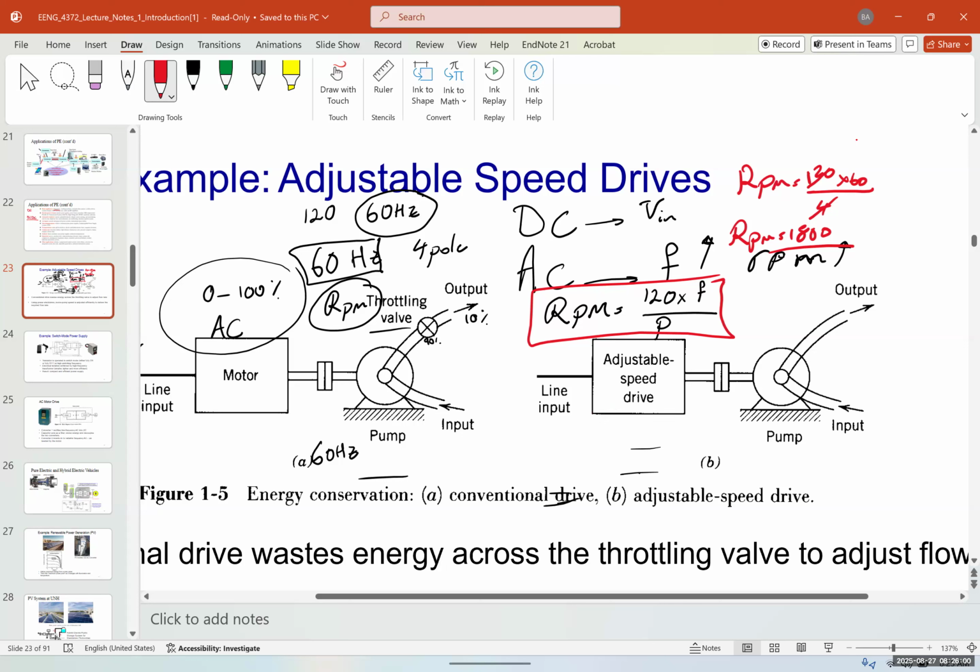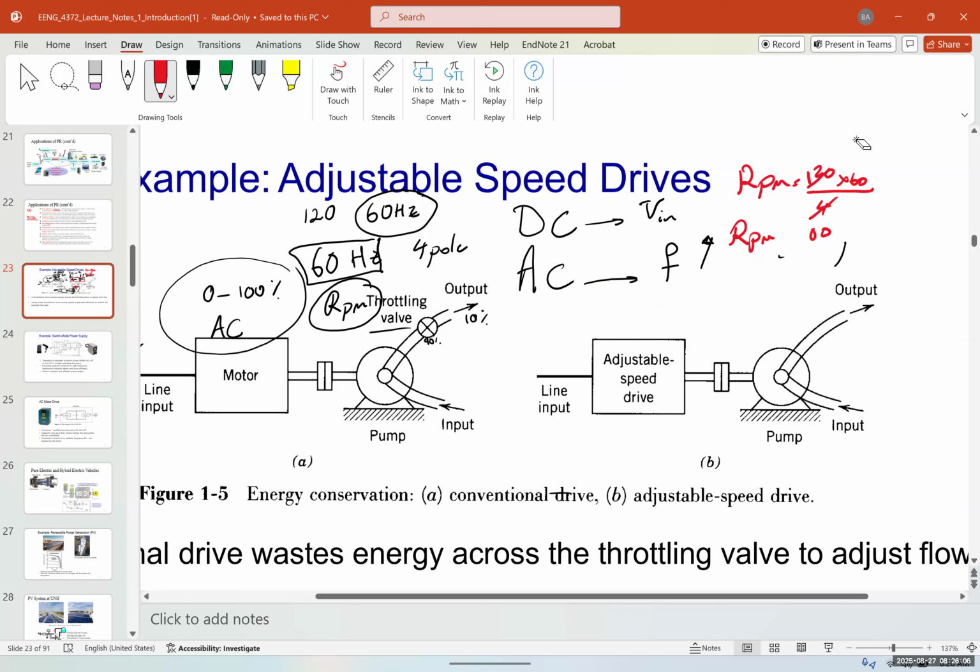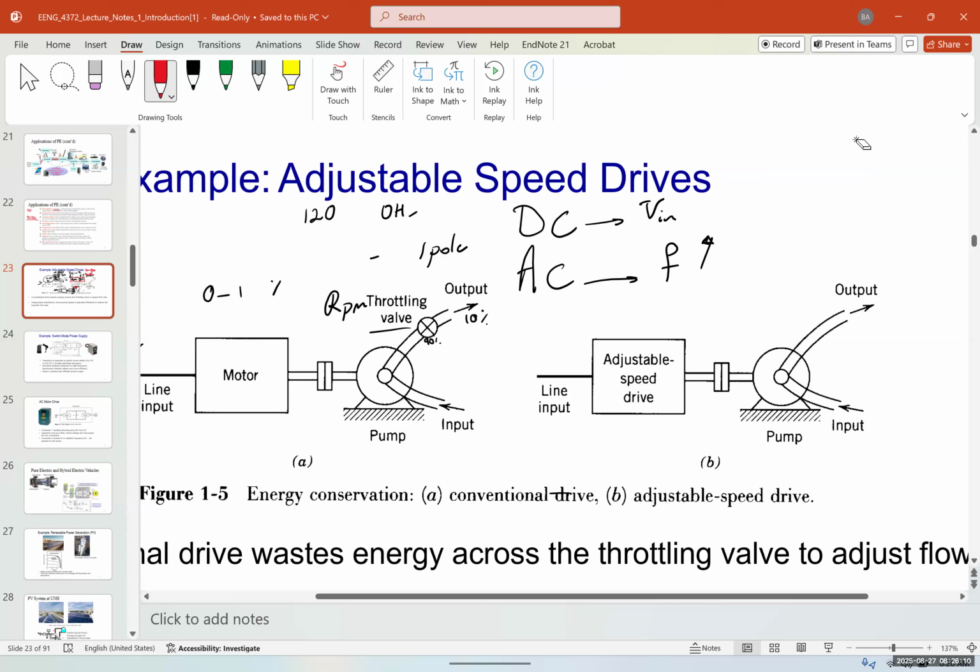But what about a motor? Let me write the equation again here. So RPM for an AC motor is 120 F over P. P is the number of poles.